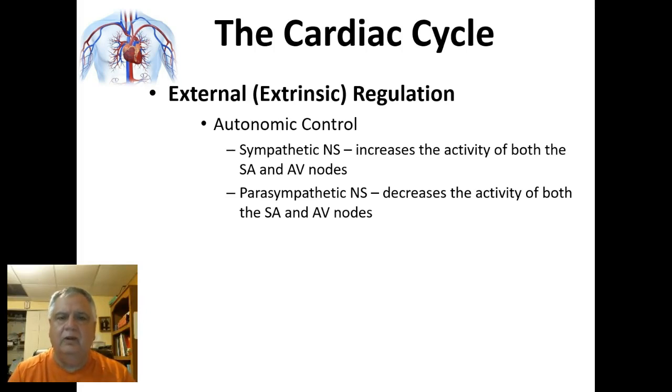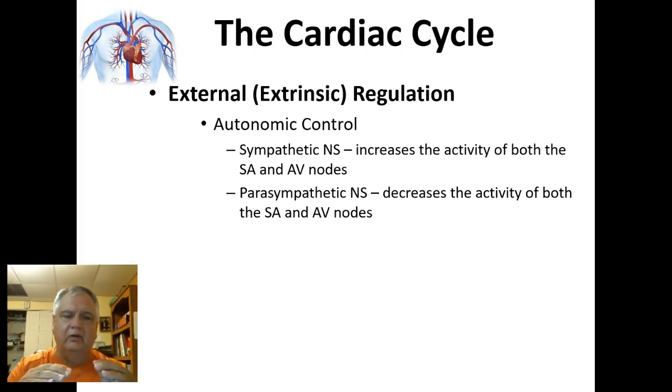Although I have to mention that it's not one-to-one, it's not an on-off switch. So it's not as if, when you want the heart rate to increase, you flip the switch to the sympathetic branch and heart rate increases, and if you want it to decrease, you flip the switch to the parasympathetic branch. In actuality, these two branches of the autonomic nervous system signal the heart constantly.